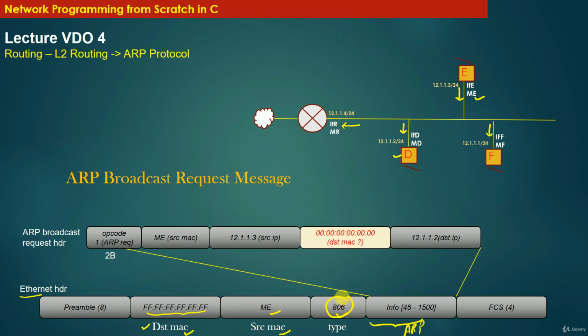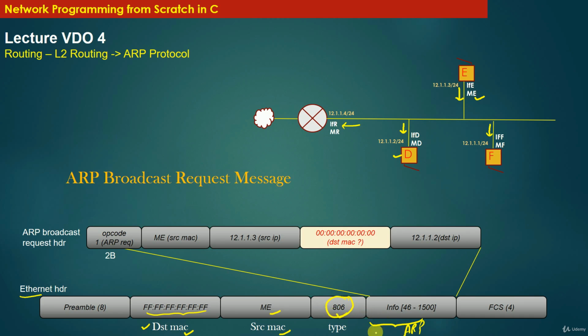This 806 value does not say whether it is an ARP broadcast request message or an ARP reply message. It just says that the next protocol encapsulated by this Ethernet header is an ARP message.